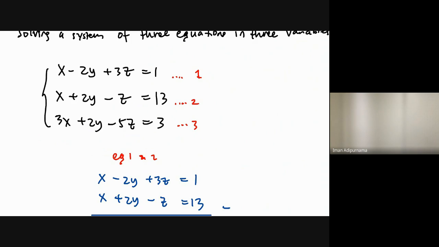Maybe you can use elimination with this and this, or this and this. Try to eliminate y, try to eliminate x, and those equations can be exchanged with this one line. One line here can be exchanged with another equation, and you get maybe several steps. The shorter way you make, the faster you will get the answer.